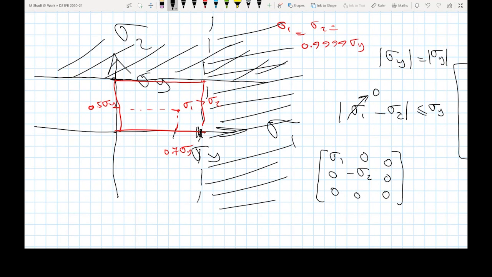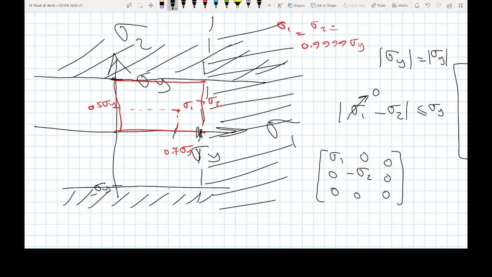You forget about the negative sign if you want, and you compare sigma 2 to sigma y, because in compression and tension, both are the same. So you can move along this axis here, and you get to the point where you have sigma 2 equal to minus sigma y. Once it gets to minus sigma y, this is 0. So beyond this point, again, you have failure. So beyond this axis here, you have failure.